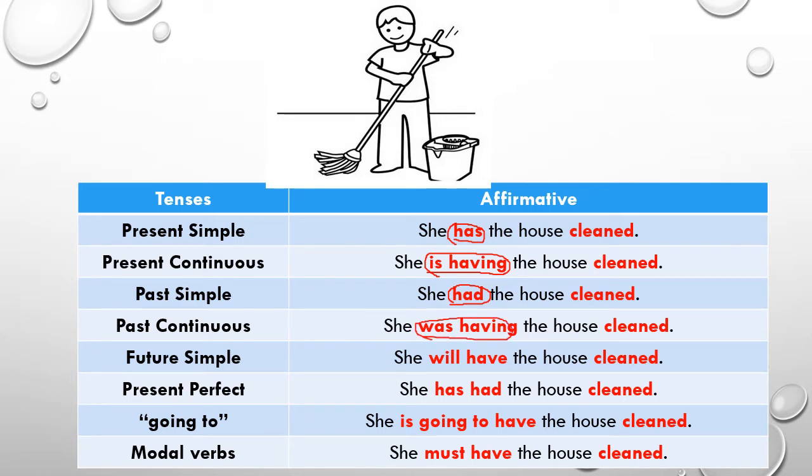Future simple, she will have the house cleaned. Present perfect, she has had the house cleaned. The structure is going to, she is going to have the house cleaned. And with modal verbs we say she must have the house cleaned.